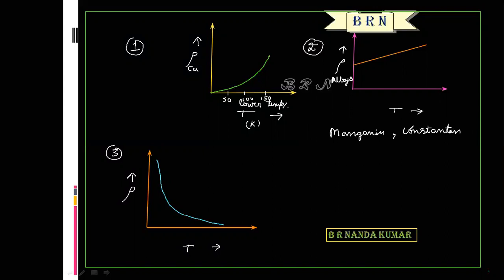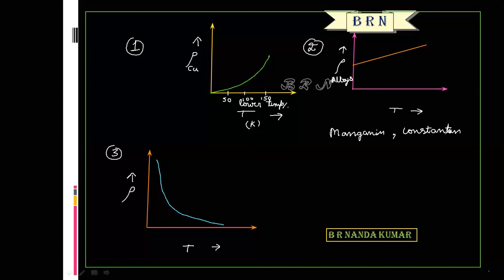These are alloys. In this case, as the temperature increases, resistivity increases linearly. But actually, this is a weak temperature dependence.